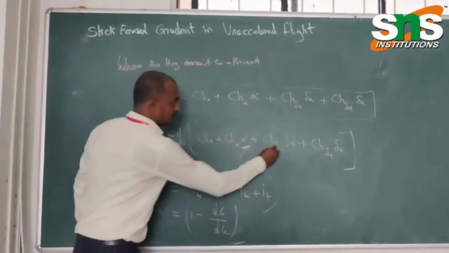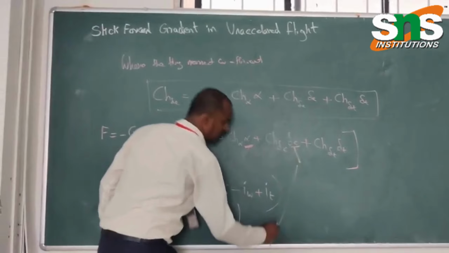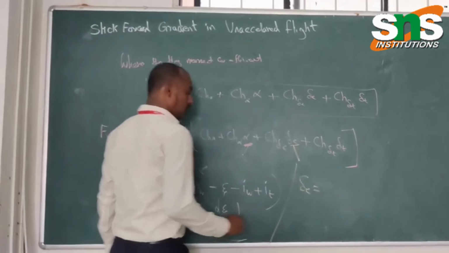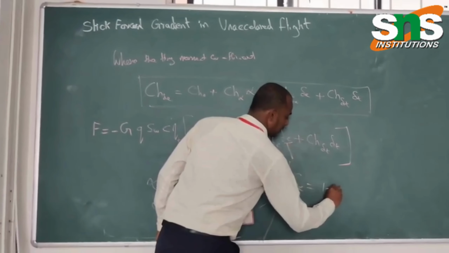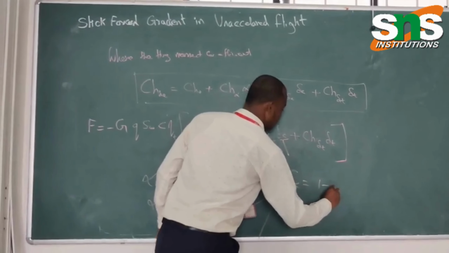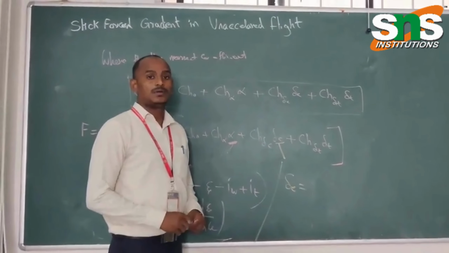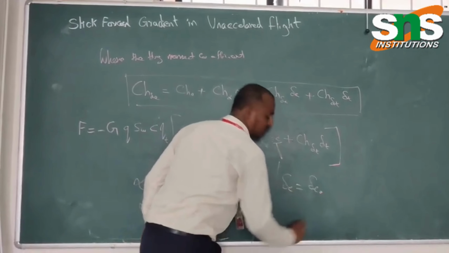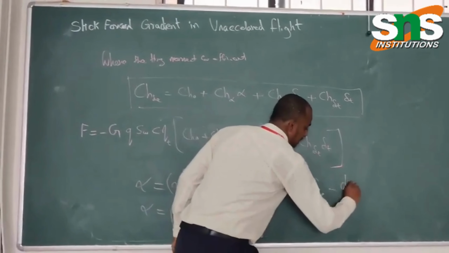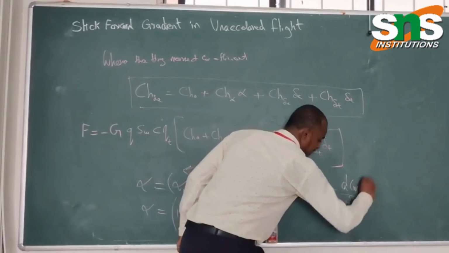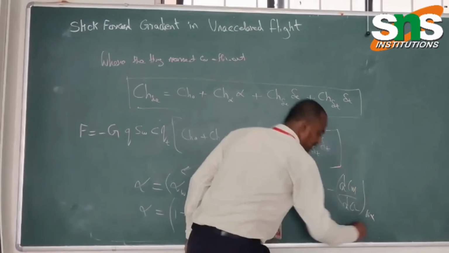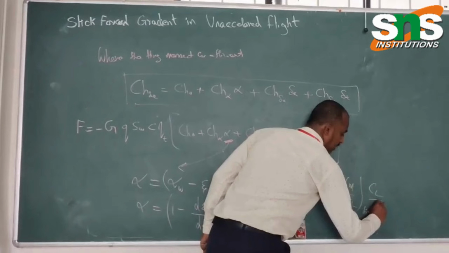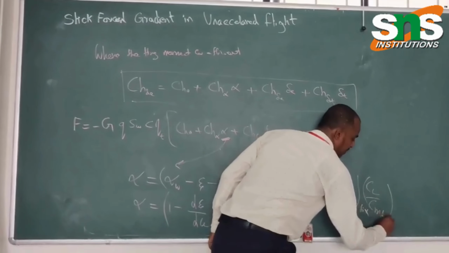Now one more term is there, the deflection of elevator. We can write the deflection of elevator as delta_e0 minus dCm by dCL, that is in the fixed condition, which gives CL by Cm delta e.